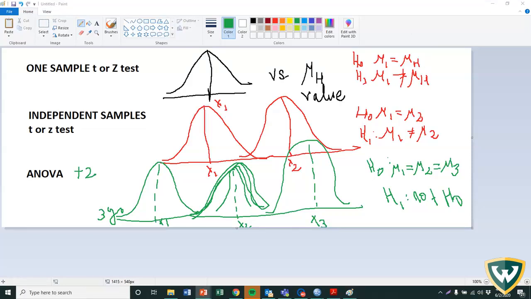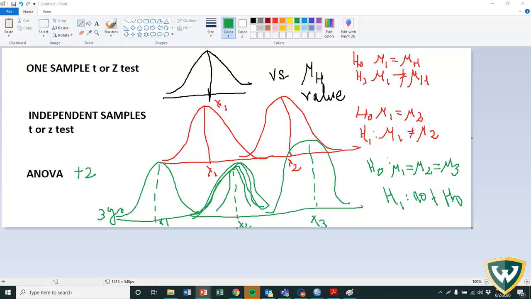So this is a vocabulary dictionary of what we're going to be doing in calculating an F ratio. Let me show you the table. We're going to come up with a table for an ANOVA in order to, at the end of the day, calculate your F ratio.